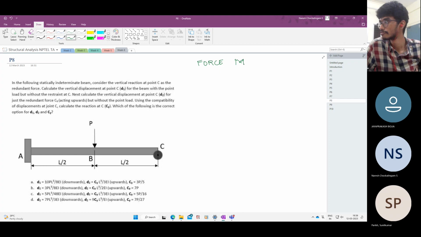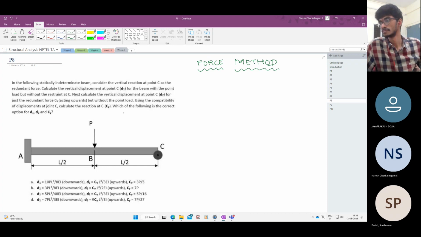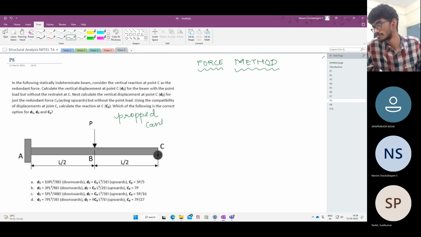So we use force method of analysis. What is this structure called? It is called a propped cantilever.